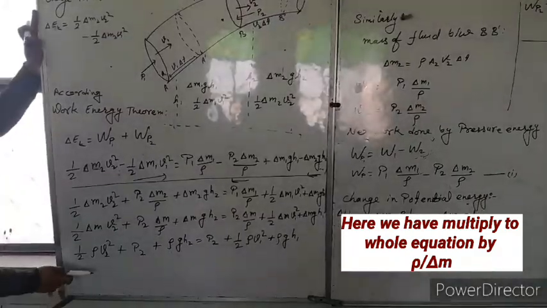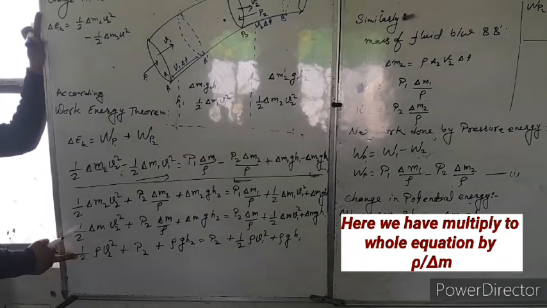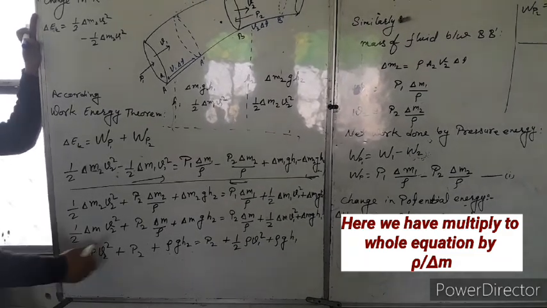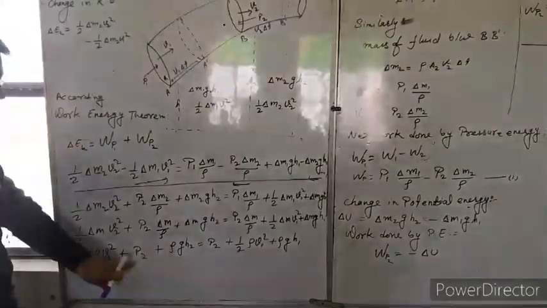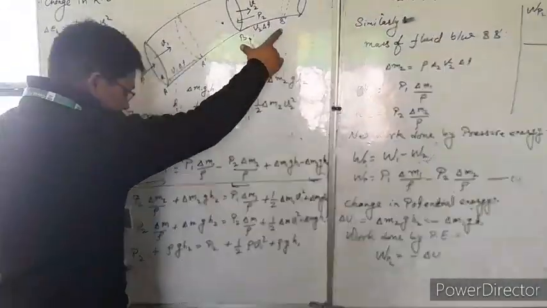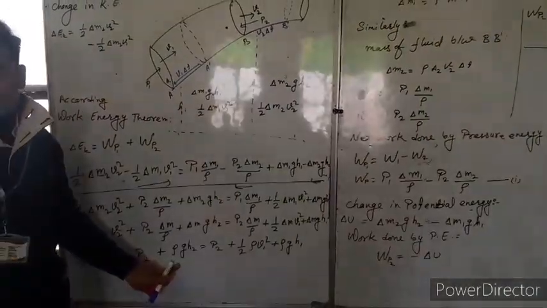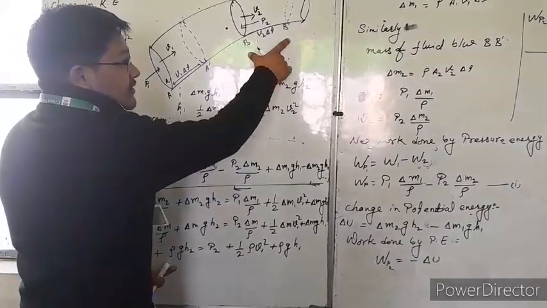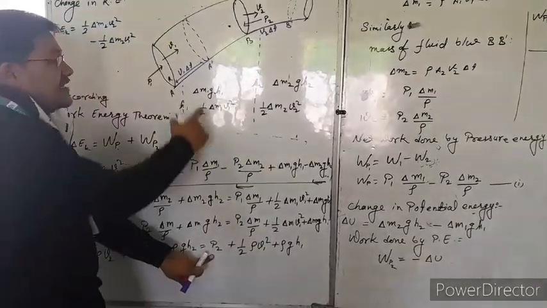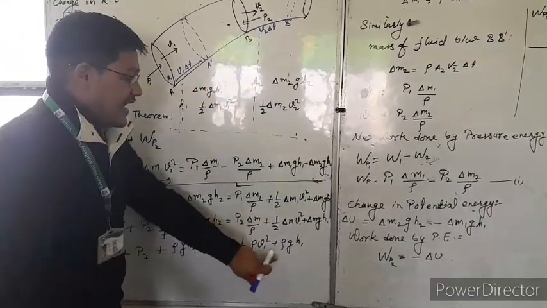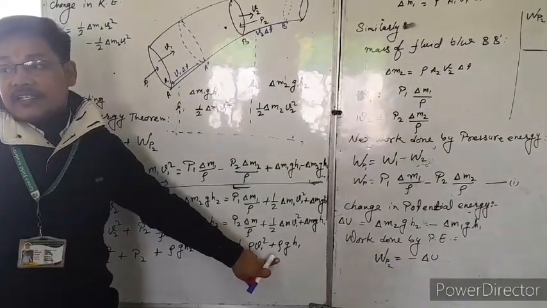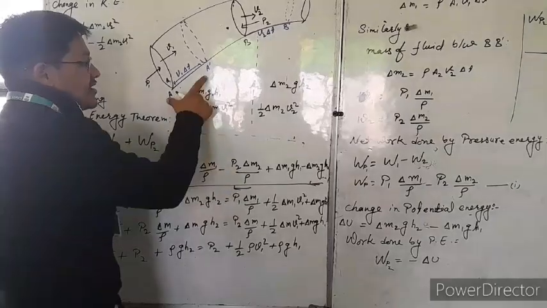It is the kinetic energy per unit volume at point B, and P2 is the pressure energy at point B, and then the potential energy at point B is equal to the potential energy at this point, kinetic energy per unit volume at this point, and potential energy per unit volume at this point.